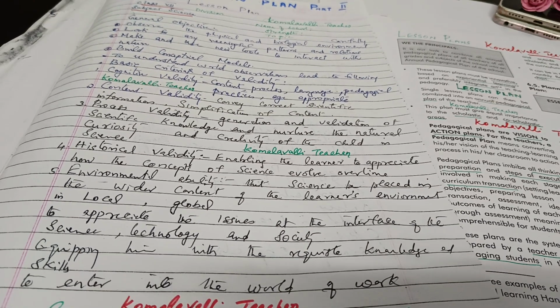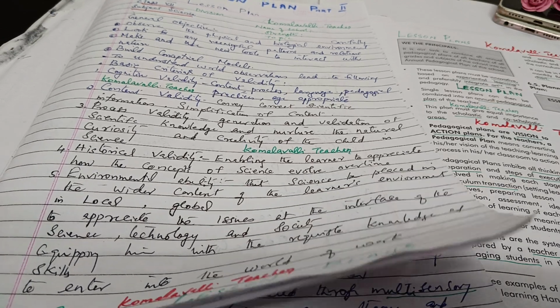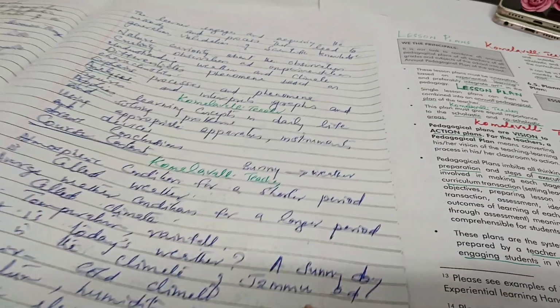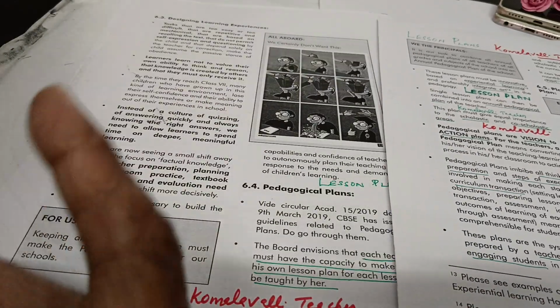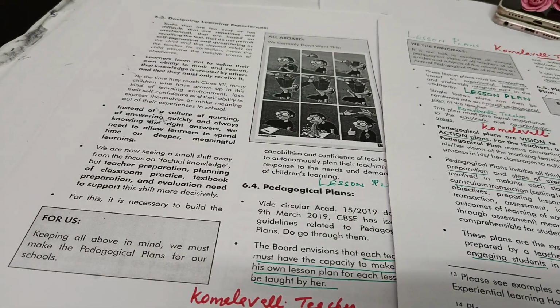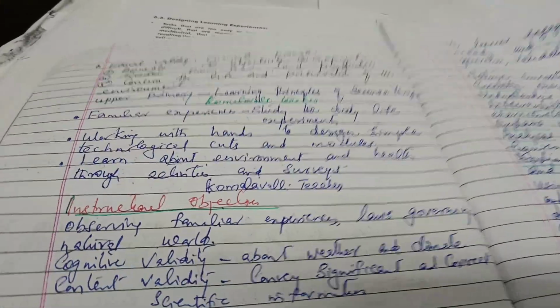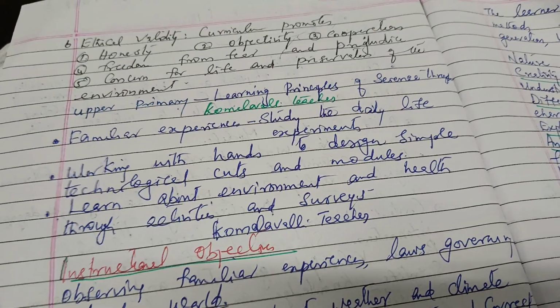To appreciate the issues at the interface of science, technology and society is equipping the learner with the requisite knowledge and skills to enter the world of work. How the defense forces constructed the Bailey Bridge shows how science has improved, how science can make miracles within a short span of hours.